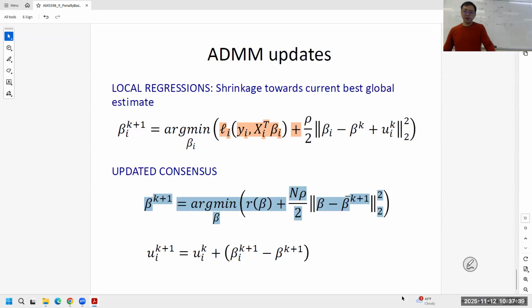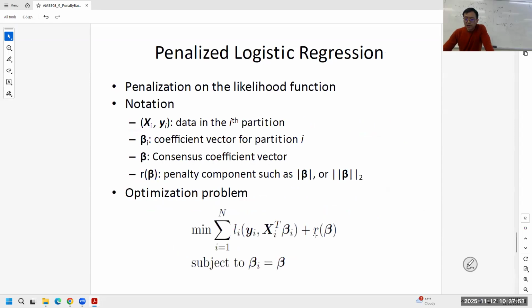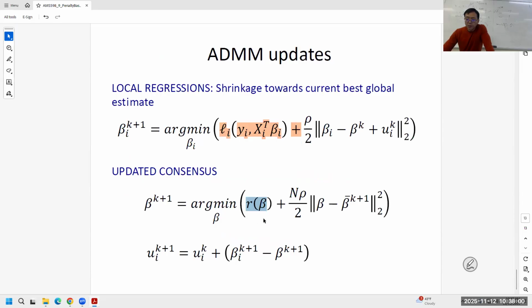Now, instead, we have a small optimization to do here. Because the term involves R beta and also the Lagrangian terms, when you do the optimization, if you don't have the R beta term, beta is essentially just equal to beta bar.